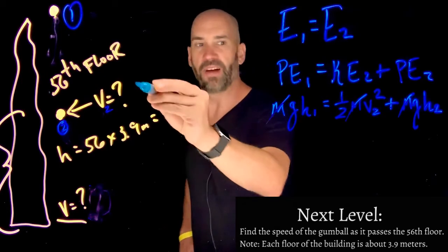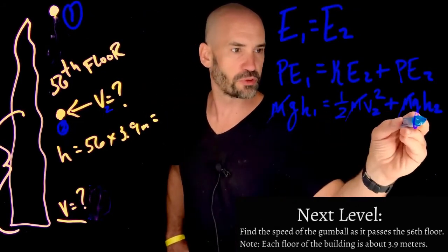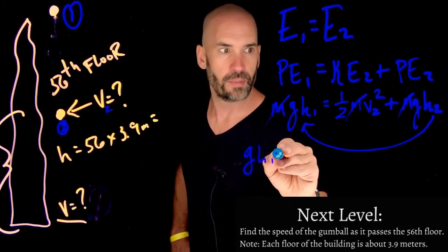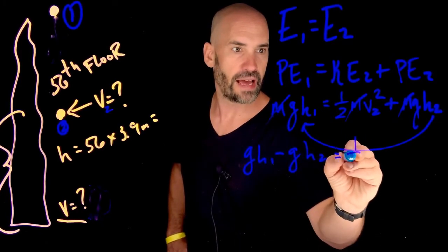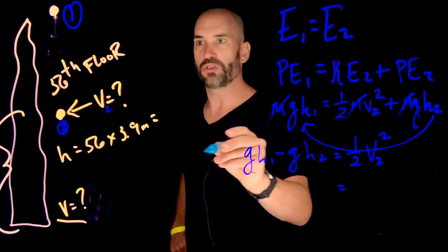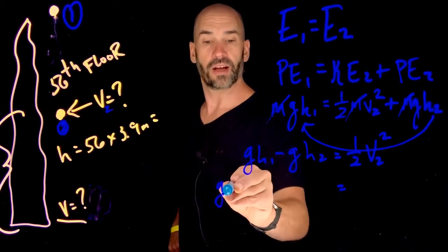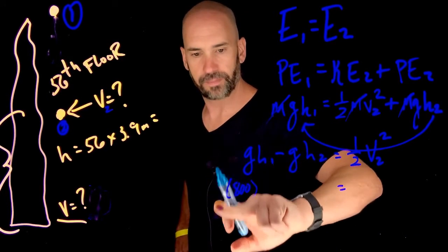So again, we want to find the velocity here. So we're solving for v2. Well, now I'm going to just subtract this over to here. So I have gh1 minus gh2 equals 1/2 v2 squared. My h1 is, again, 800. And I'll go ahead and put 9.8 there.